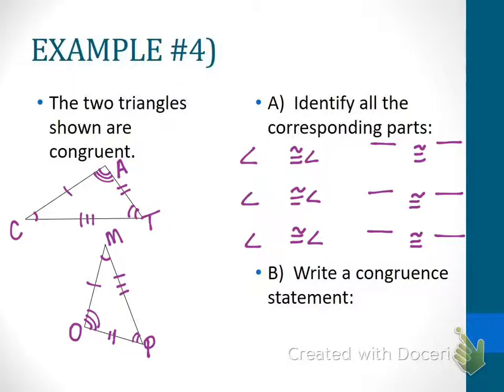All right, somebody give me a pair of congruent angles. A and O. Sure. Angle A congruent to angle O. Another pair. C and what? Okay. Crescencio, did you have the last pair? T and P. Wonderful. All right, what about sides?